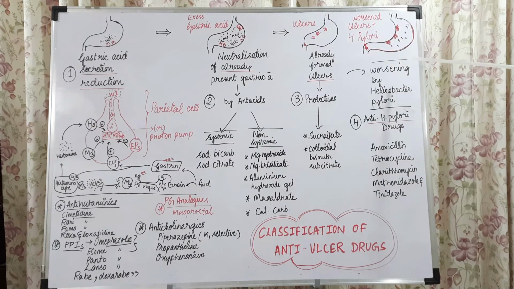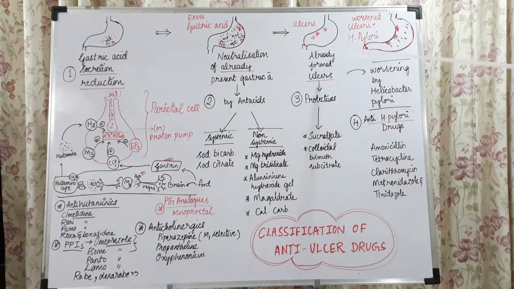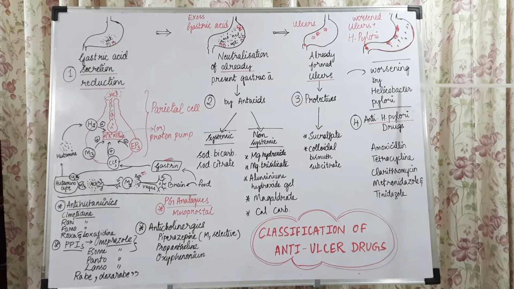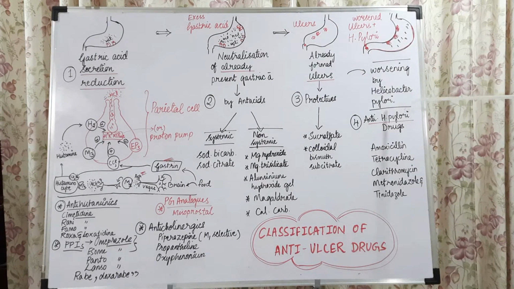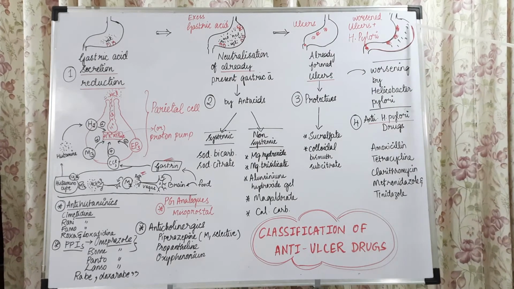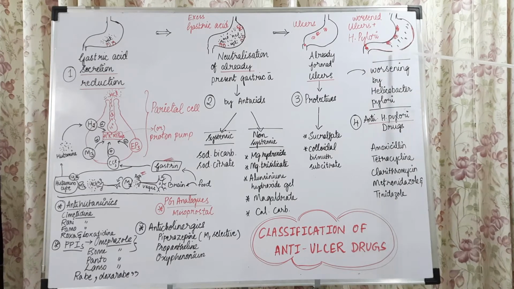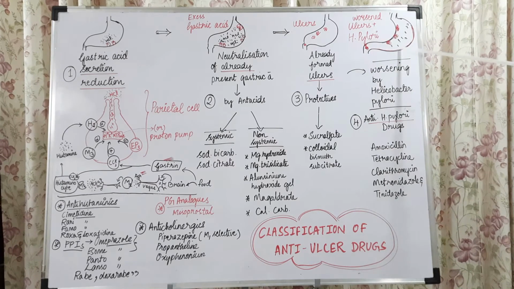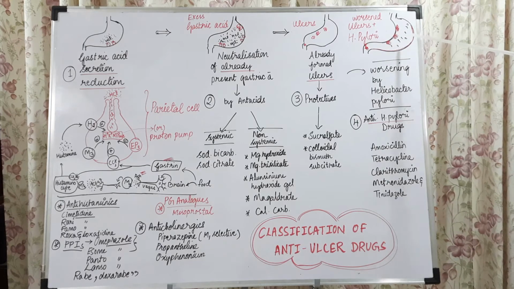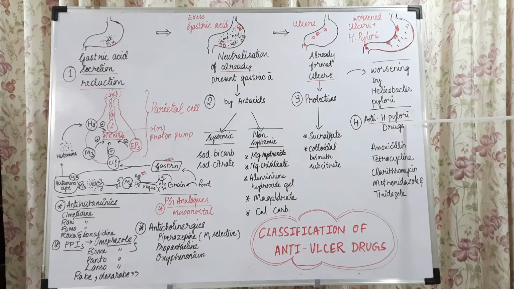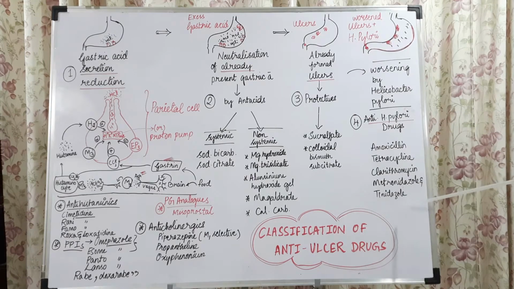And then further, if the disease worsens still by the presence of Helicobacter pylori, which is a gram-negative organism, which will cause inflammation of the inner layers of the stomach along with the ulcer present, that can be treated by using anti-Helicobacter pylori drugs. Those are mostly antibiotics.